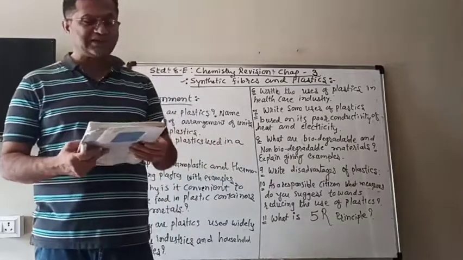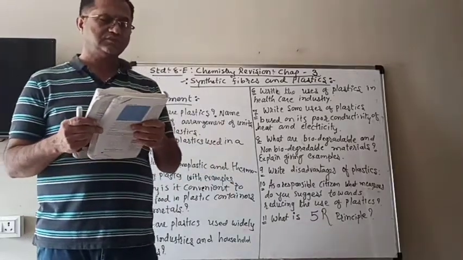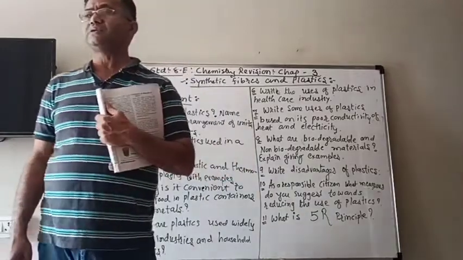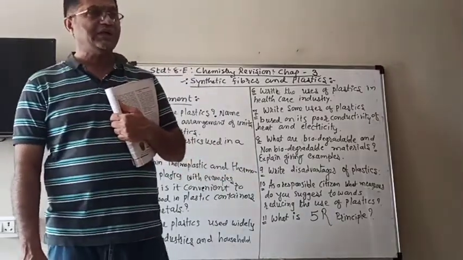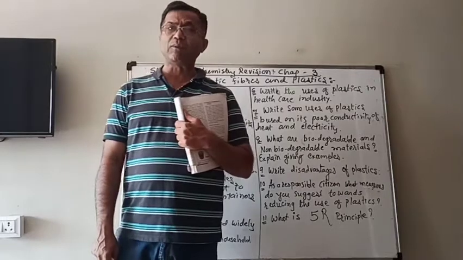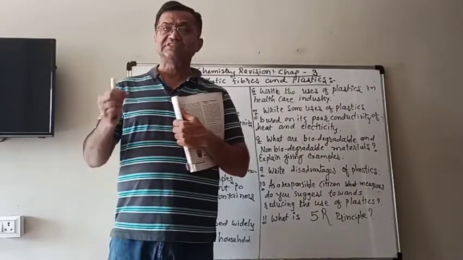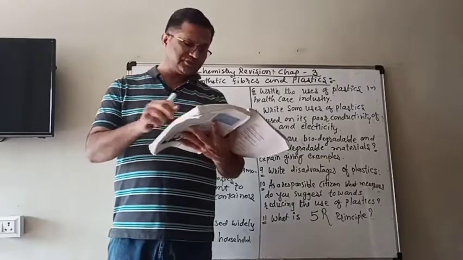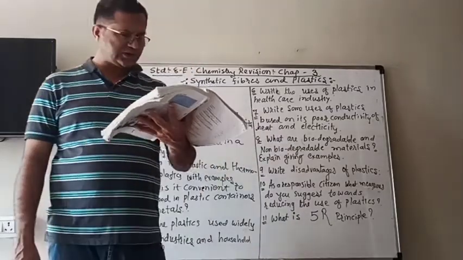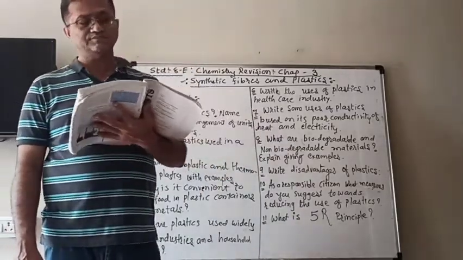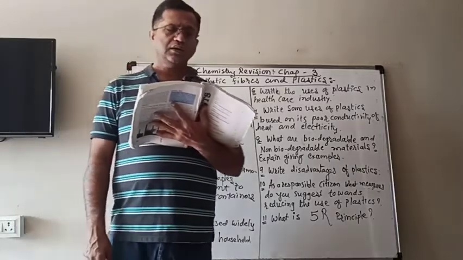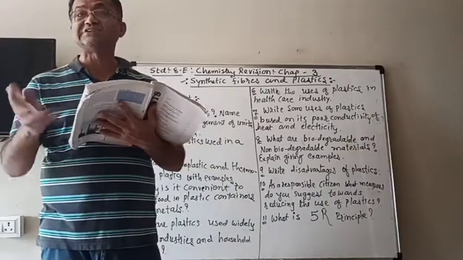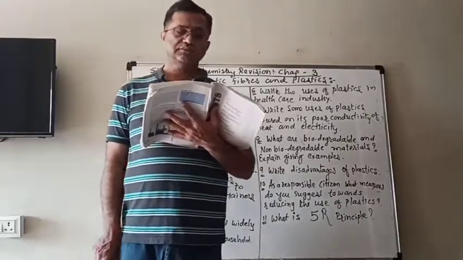Generally, plastics are divided into two main types: thermoplastics and thermosetting plastics. Suppose you take a plastic bottle and add hot water, then what will happen? It gets deformed. Right?